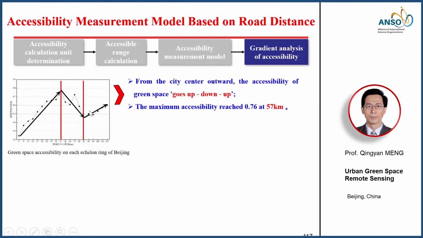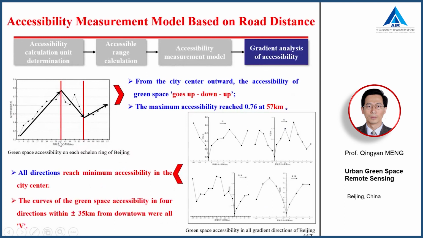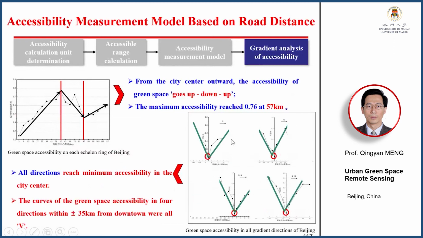The accessibility of the green space goes up, down, up, like this. The maximum is here, and all directions reach minimum accessibility in the center of the city.